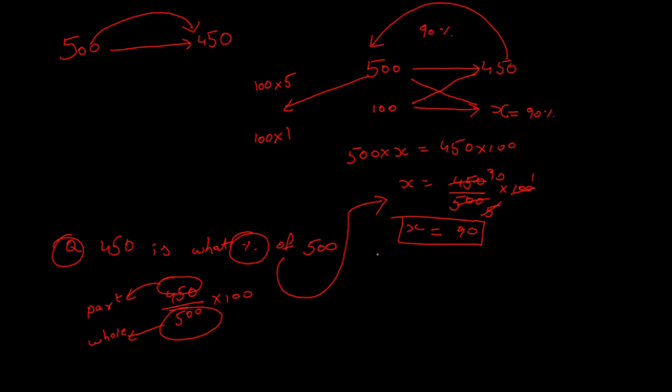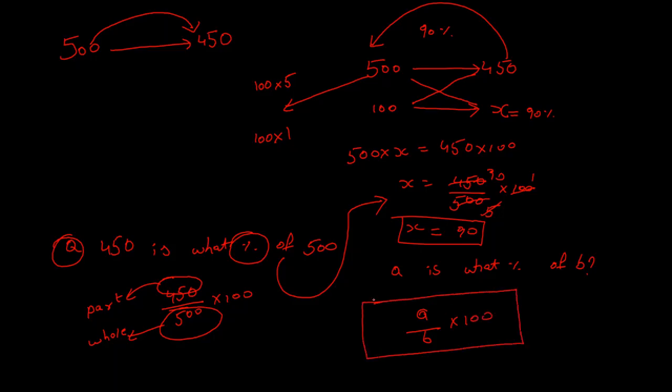So in general, if we are asked to find A is what percent of B, then the formula we have to apply is A upon B into 100, which gives us the exact percentage value of A is what percent of B. So do remember this formula, guys. It is a very basic formula of this chapter.